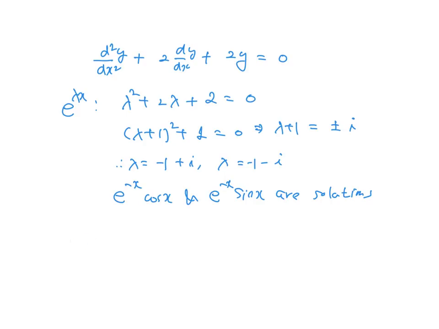And C1 exponential minus x cosine x plus C2 exponential minus x sine x is the general solution.